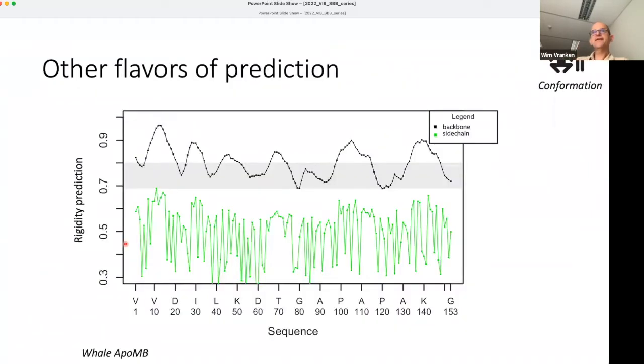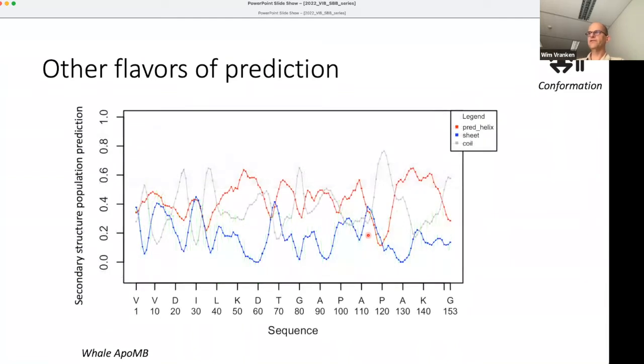Now we did the same thing, exactly the same methodology development, but for other flavors of this prediction. So we have the backbone I told you about already, that's Dynamine. We also did sidechain dynamics, and then also helix, sheet, and coil propensity, essentially. But again, all derived. So this is not helix, sheet, coil in the sense that if I have the sequence, this will form a helix.